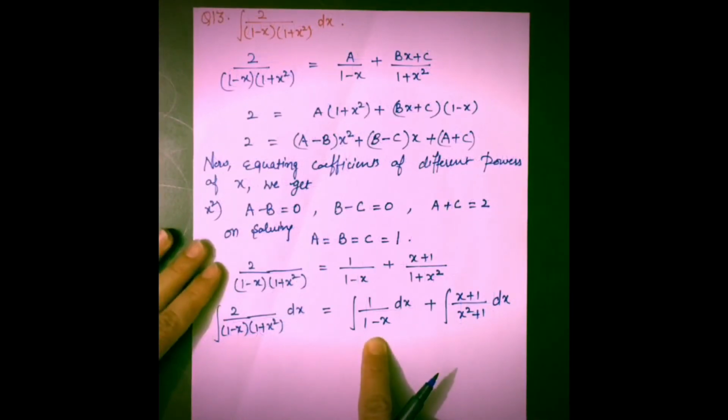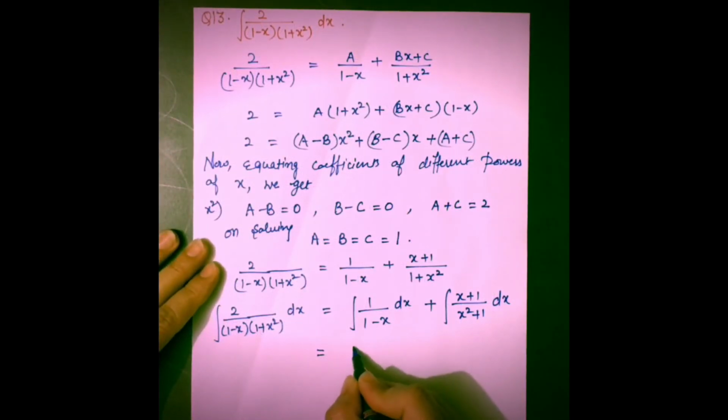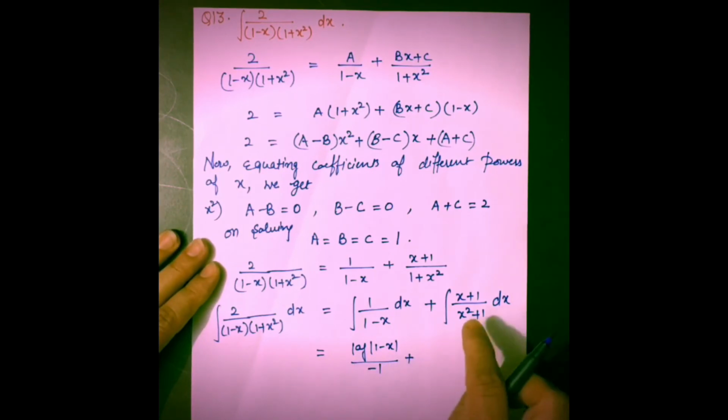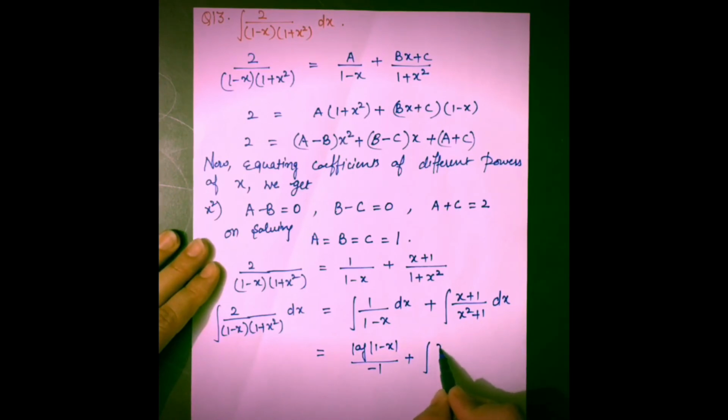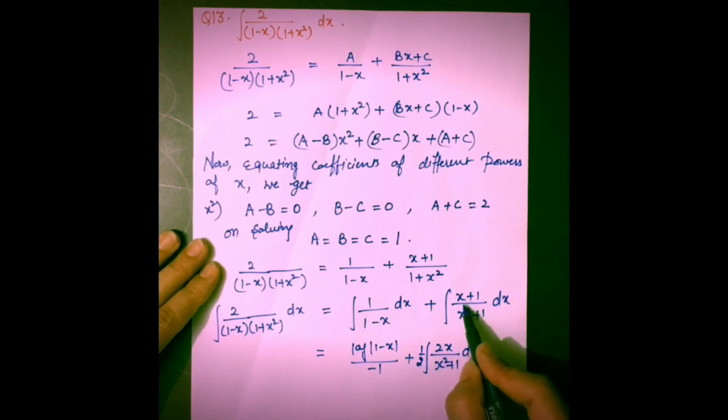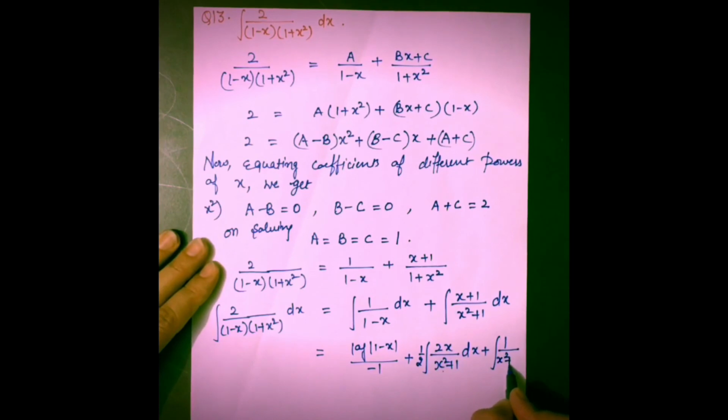Now this integral has formula in logarithm, that is log of 1 minus x upon minus 1 plus this integral again we can write 2x upon x square plus 1 by 2 dx plus 1 upon x square plus 1.